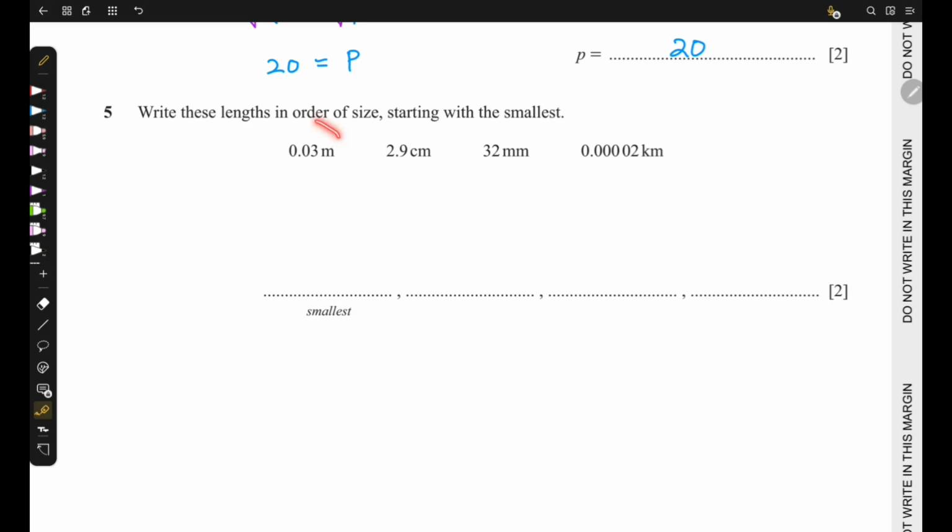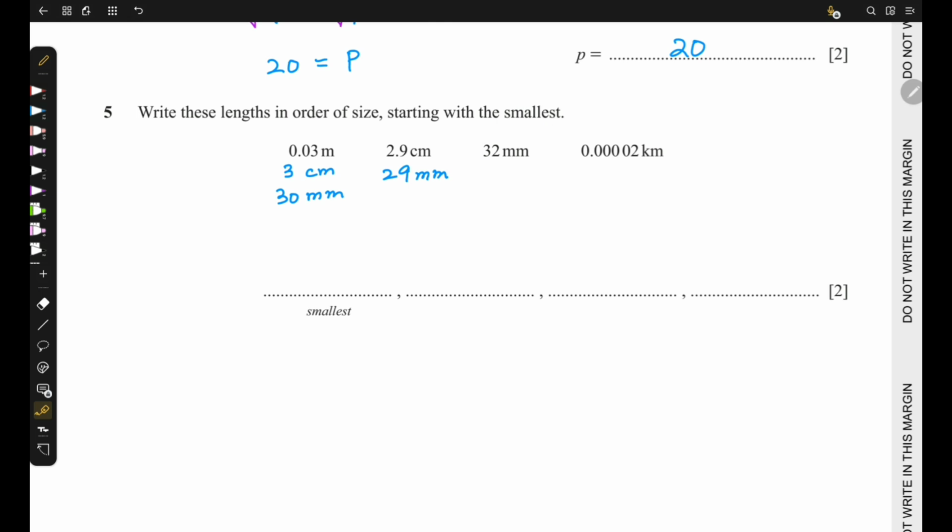When you convert 0.03 meters into centimeters, we multiply by 100, we get 3 centimeters, and then multiply by 10 to get the answer in millimeters. So it's 30 millimeters. 2.9 centimeters multiplied by 10, we get 29 millimeters. And this one is already in millimeters, so leave it.